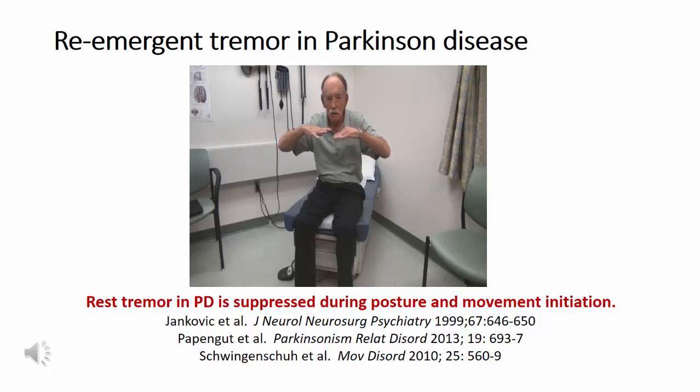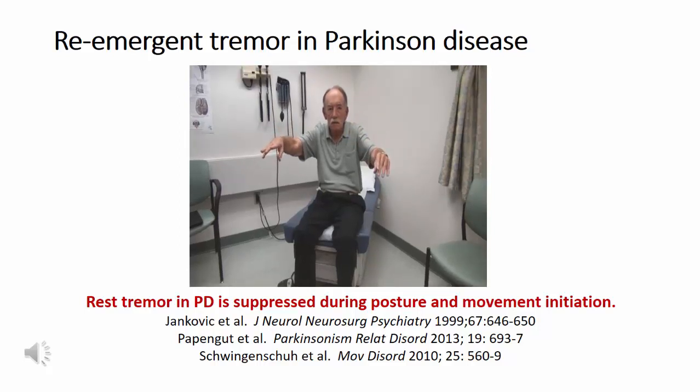Severe rest tremor in Parkinson disease will transiently subside and then re-emerge if a posture is maintained for an extended period of time. I would also point out that rest tremor commonly occurs in the lower limbs of Parkinson patients, but rarely occurs in patients with essential tremor plus.